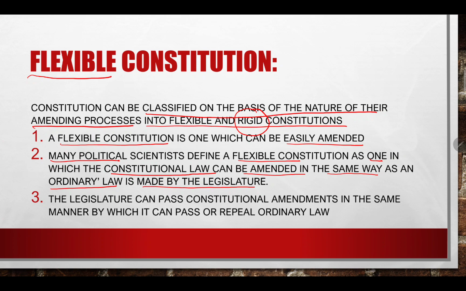So whenever a constitution is flexible, there is no hard work to change this constitutional law. It can be amended like an ordinary law made by the legislature, whereas in a rigid constitution one cannot amend any provisions so easily, right?